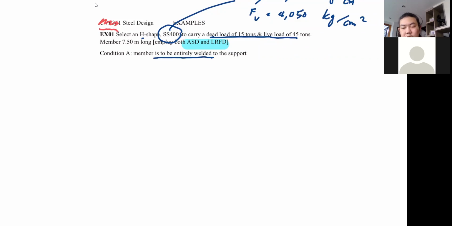It means that we are going to weld both the flanges and the web to the support, meaning all the elements are connected, both the flanges and the web, meaning we are not going to have the shear lag problem. Okay, is that a good thing, right?